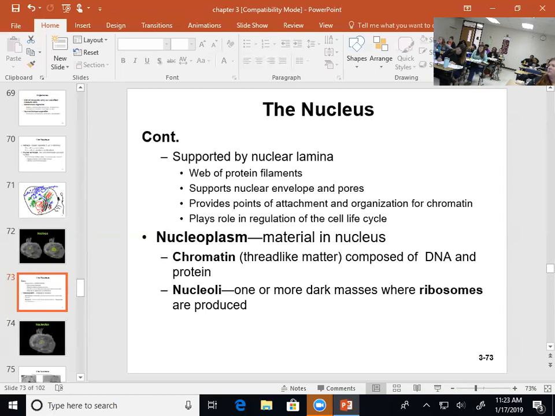But how many chances at least do you get for a trait? Two, because you would have gotten a chance from your mom's chromosome or a chance from your dad's chromosome. Is that right? Okay, that's right.